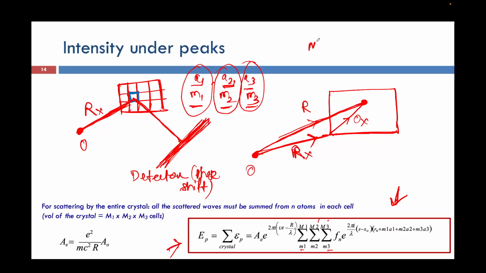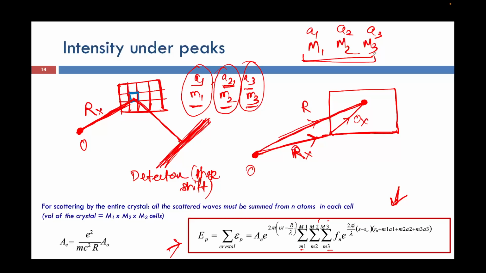What capital M1, capital M2 and capital M3 mean are the total number of unit cells in those respective directions, the A1 direction, A2 direction and A3 direction. If I multiply them together, then finally I will get the volume of my crystal. Let's say we are now considering that our crystal or our material is 3-dimensional, right?